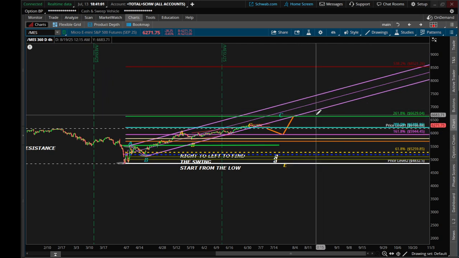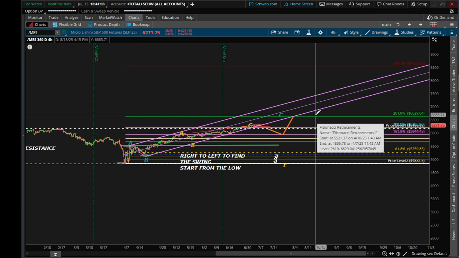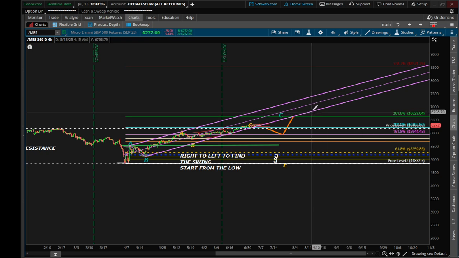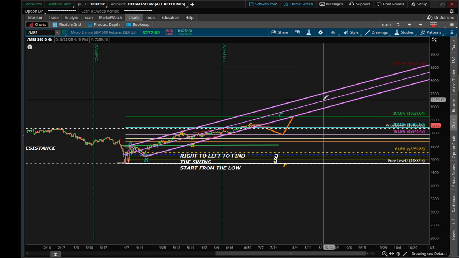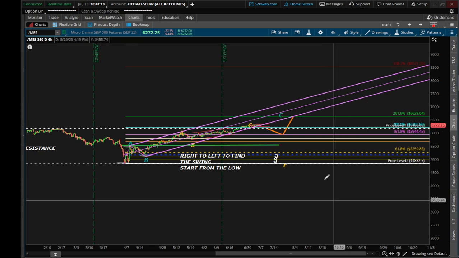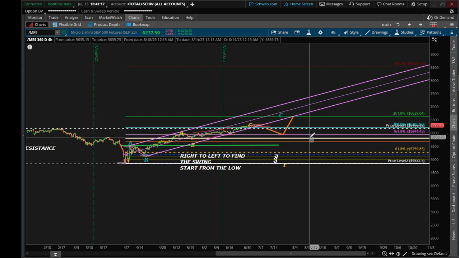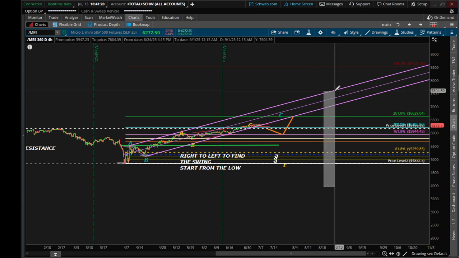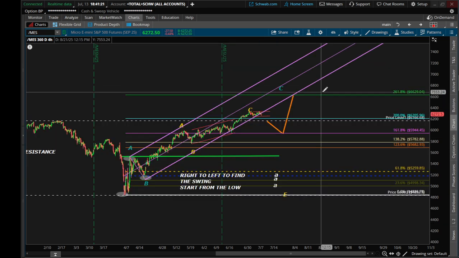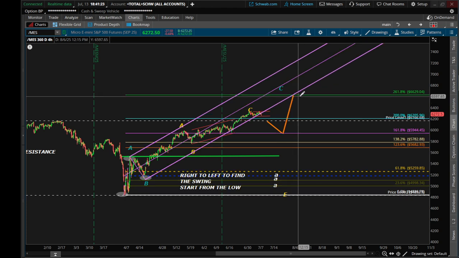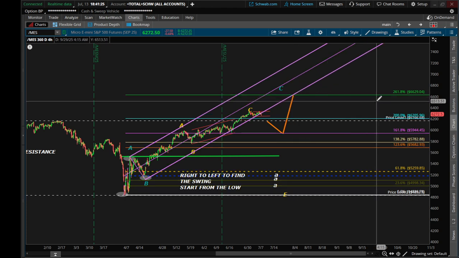The next target really would be like the 300%, okay, and so on. 300, 323.6, 338.4, and so on, or 38.2. But we'll see how it reacts to the 261.8 first, and then we'll go from there.